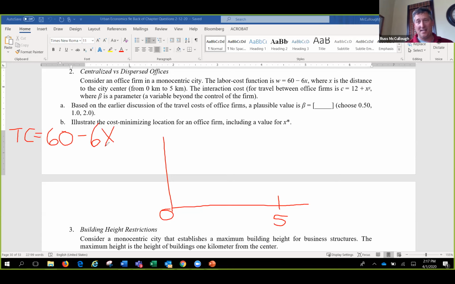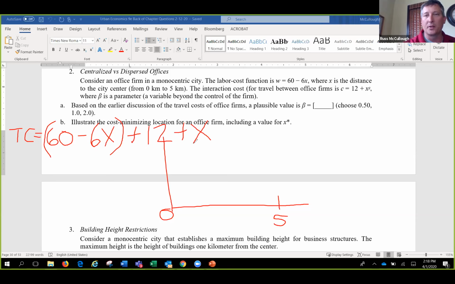And that's just the labor cost. So the cost of travel would be c equals 12 plus x to the beta power. So we're basically going to have that labor cost plus 12 plus x.